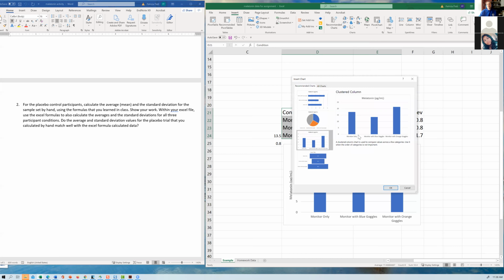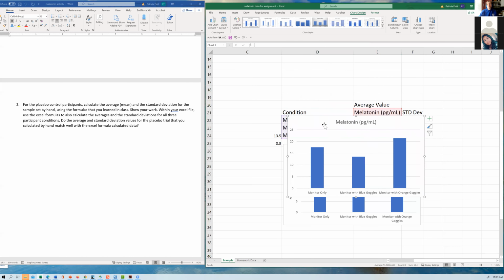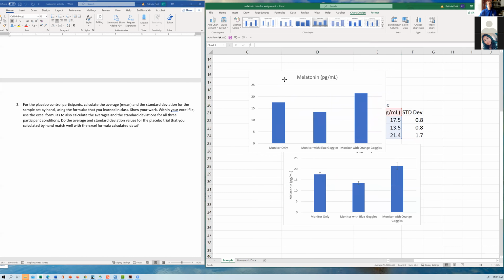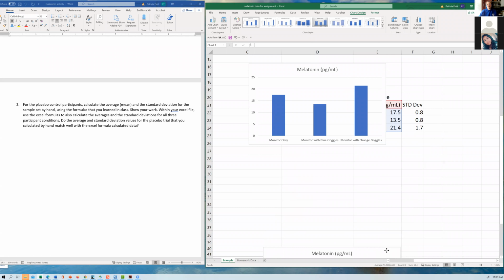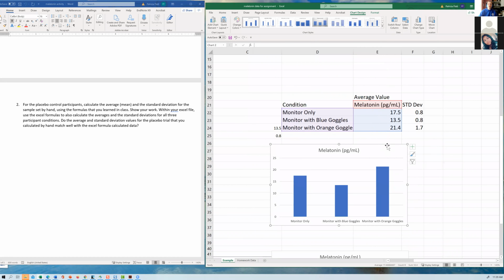You can see it gives me monitor only, monitor with blue goggles, monitor with orange goggles, and it's titled it for me. So I'm going to grab that, pull that in. You can move these graphs around on the page. So I've got to grab the whole thing. I'm just going to move that down so I can show you the one I just made.